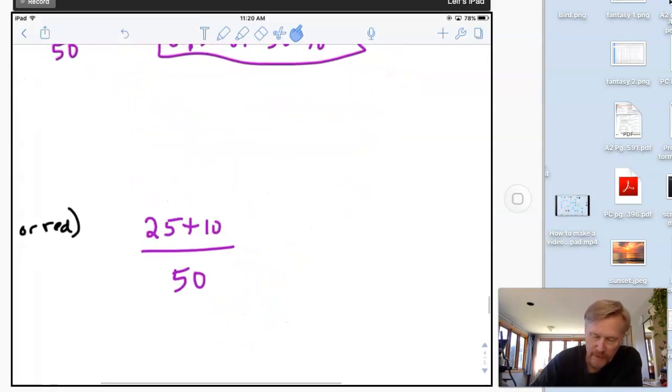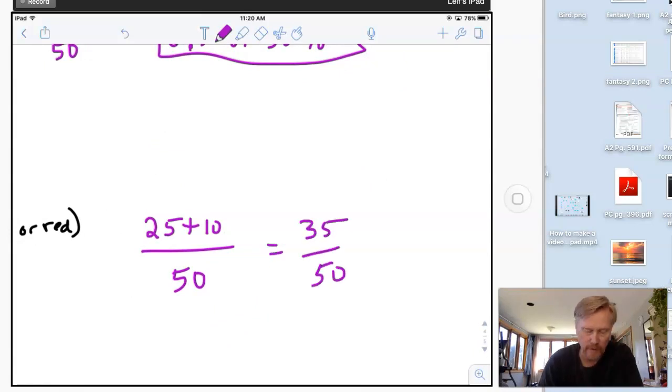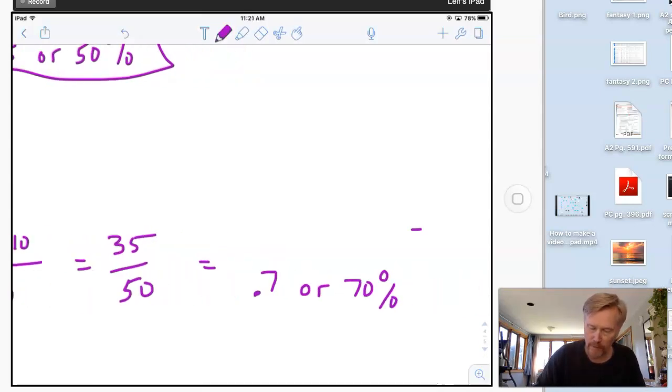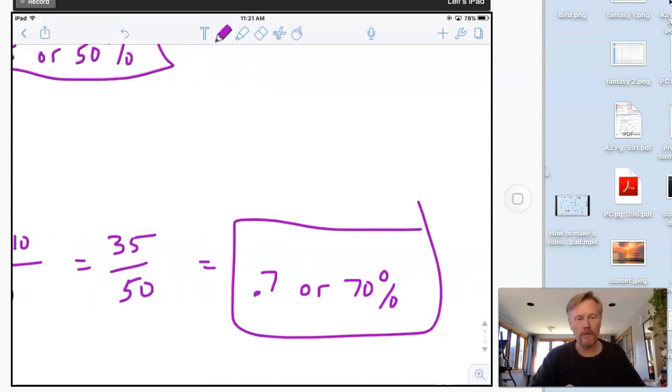The 25 and the 10, and I will get 35 over 50. And if I punch that into my calculator, I get 0.7 or 70%. Okay? And those are my answers.